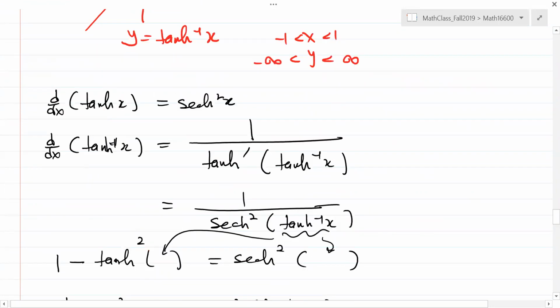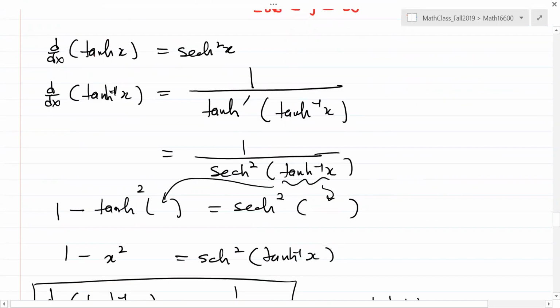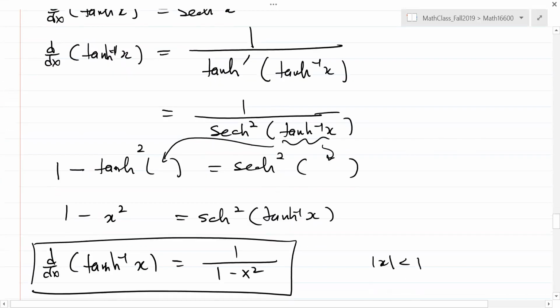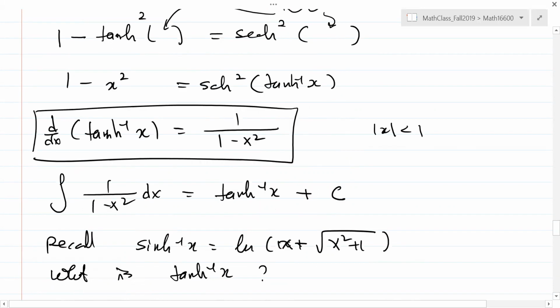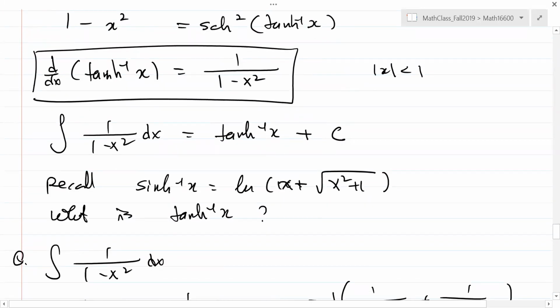Then I use the formula for the derivative of the inverse function. Then I get 1 over hyperbolic secant squared of the inverse tangent. Then I use another formula similar to the Pythagorean theorem. Then I end up with 1 over 1 minus x squared. And I use that. I got the integral formula.